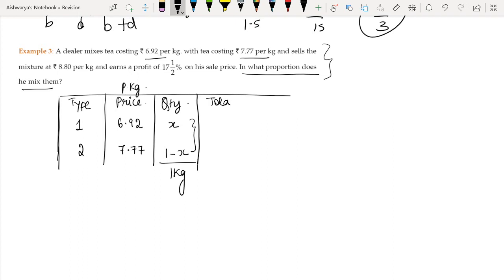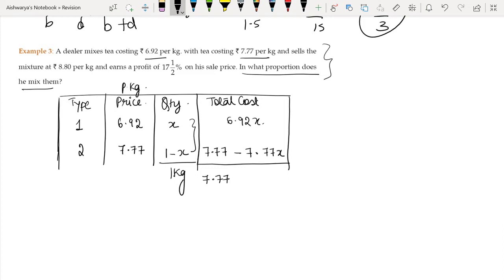So total cost, I will put it in this particular column. Here we will have 6.92x, and here it will be 7.77 minus 7.77x. So now I will be totaling up these two things. So I will get 6.92 minus 7.77 will be 0.85. We have to add the two to get the total cost, right?